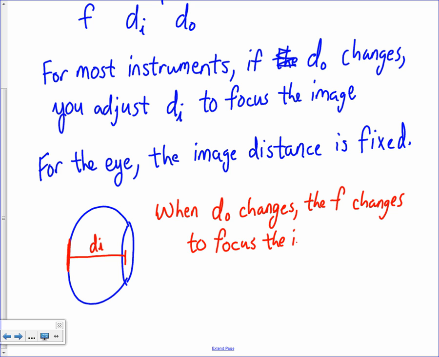I can't think of any man-made instrument that does this. There might be in some special case, but nothing that we use really in real life would actually cause the focal length of the lens to change. Because it's very difficult. You have to have a lens that is flexible, and that's very difficult to make. It's a lot easier to make glass lenses.